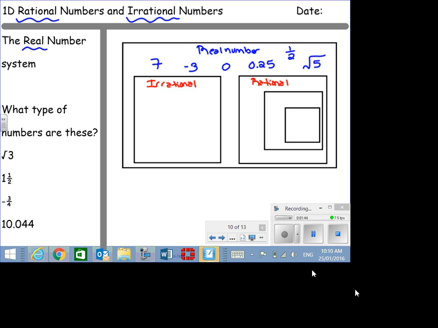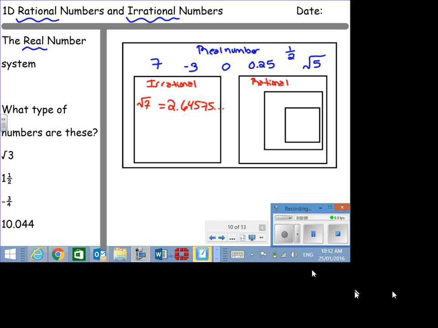For example, you might put into your calculator the square root of 7, and you're going to wind up getting a decimal: 2.645755. These numbers have no pattern. We don't really know what's going to come next unless we check the calculator.